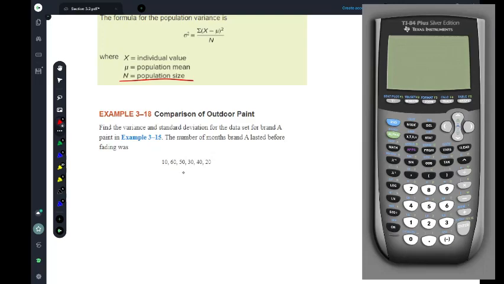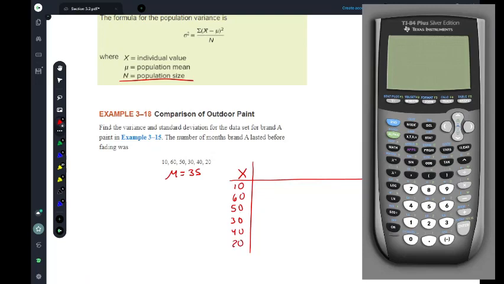We know that we calculated the average mu to equal 35. What we're going to do is set up how we calculate this in a table. We're going to first start by listing all of our values x: 10, 60, 50, 30, 40, and 20.